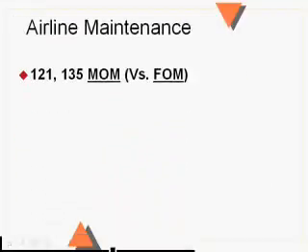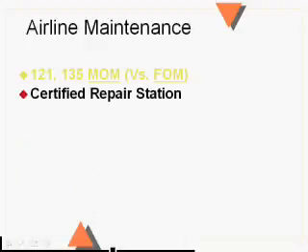Airline maintenance. If you have a 121 or a 135 operation, you had to get your air agency certificate approved. When you got that approved, you had to write up a flight operations manual, an FOM, similar to what we have at the flight line, and you have to write up a maintenance operations manual, or MOM, that includes your continuous airworthiness inspection program and pre-flight stuff like that.